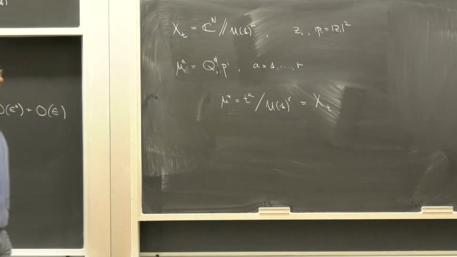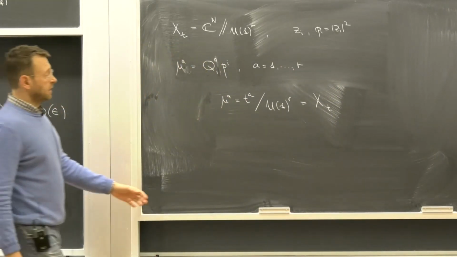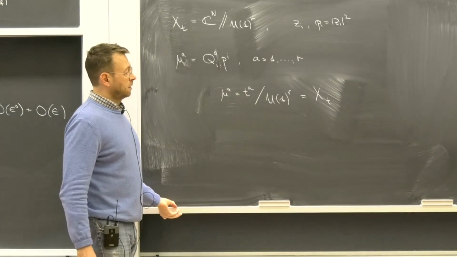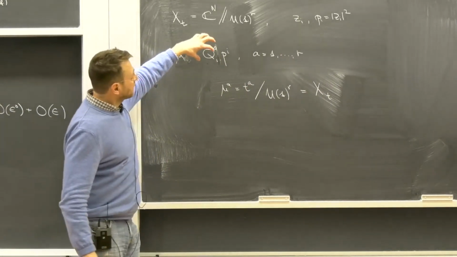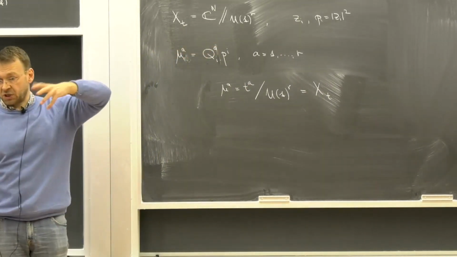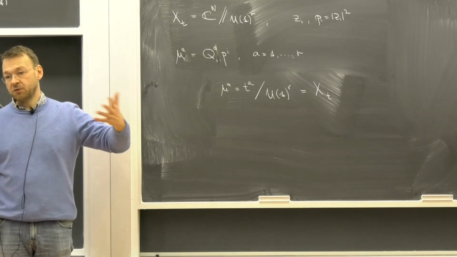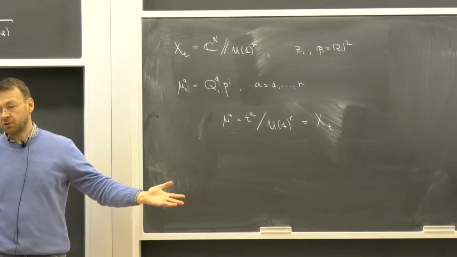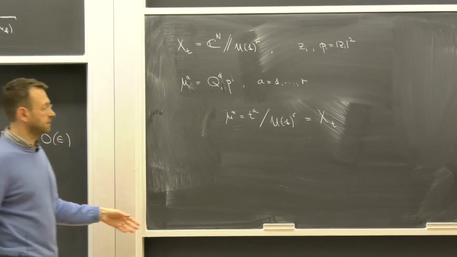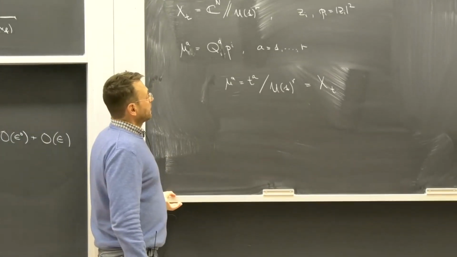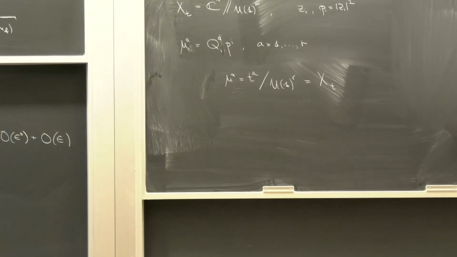That's why I quite often skip this t. Of course, what is important is that typically you have to put certain conditions on these charges, on this matrix, if you want to avoid orbifolds or other types of singularities. There are typically some coprime conditions. I will do a very simple example at the moment.